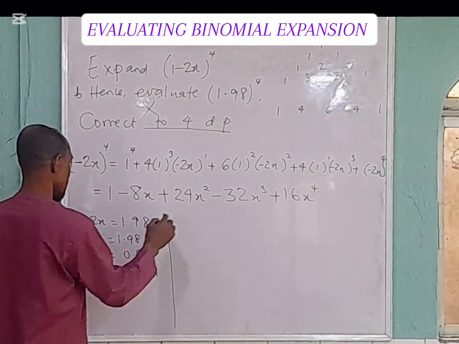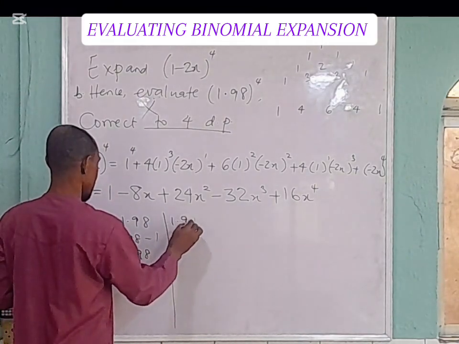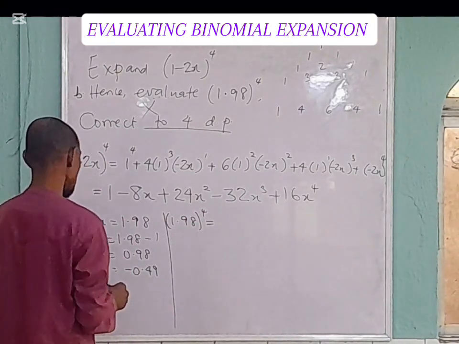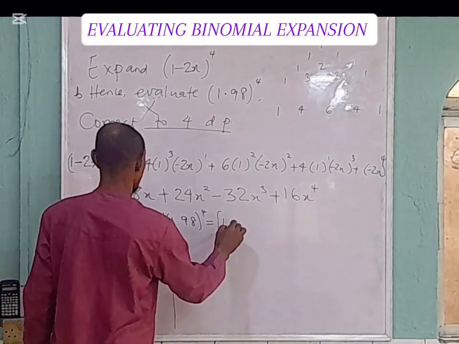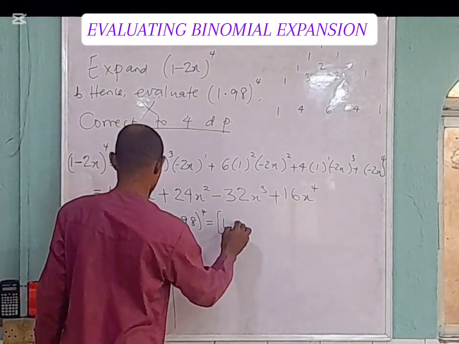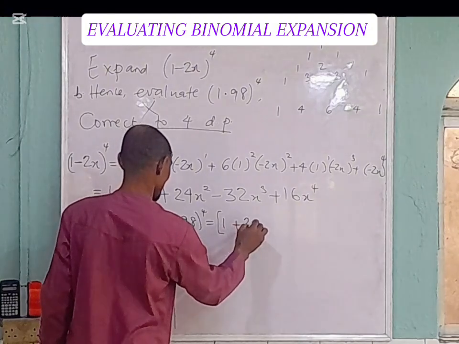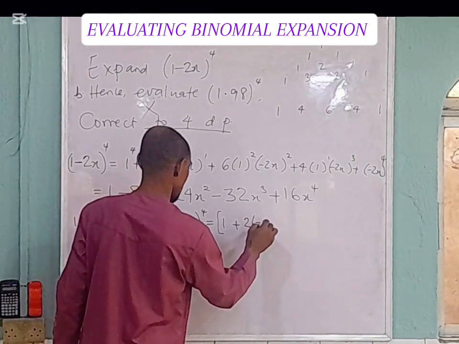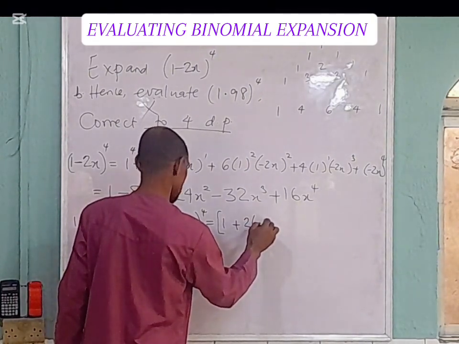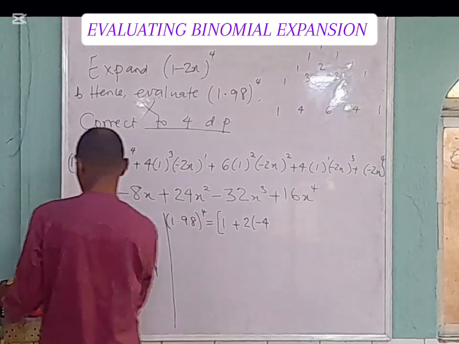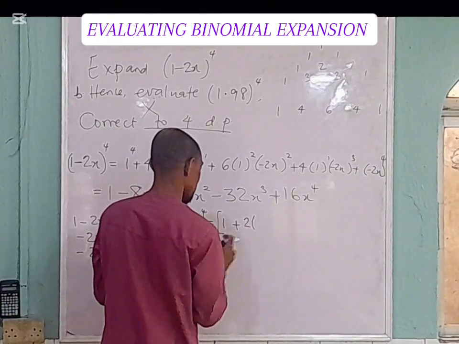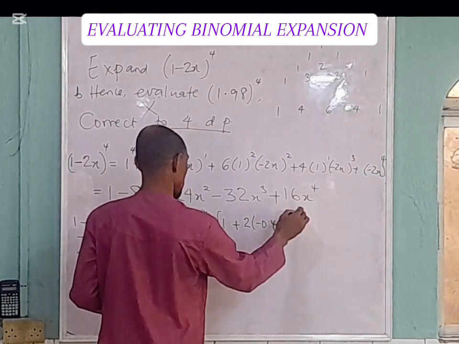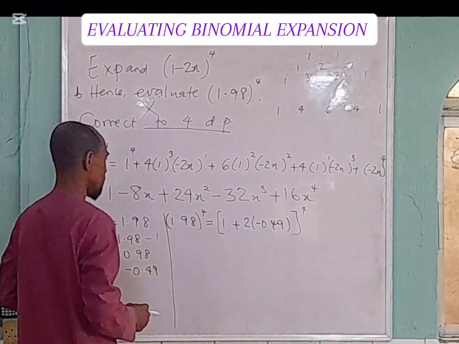We can just say, okay, 1.98 to the power of 4 is equal to what? So we're going to have what? 1 plus 2. What's x? Minus 0.49. Minus 0.49 raised to power 4. That's the value.